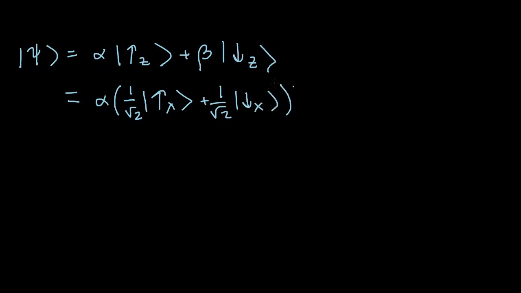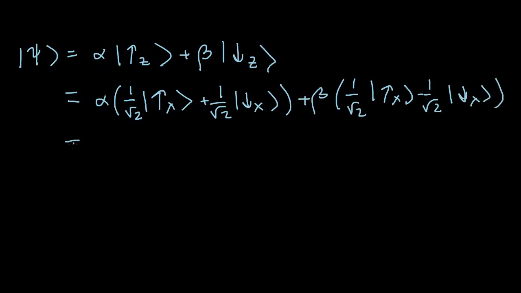That's just another way of writing this right here. Plus beta times 1 over root 2 times the spin up state in the x direction minus 1 over root 2 times the spin down state in the x direction.